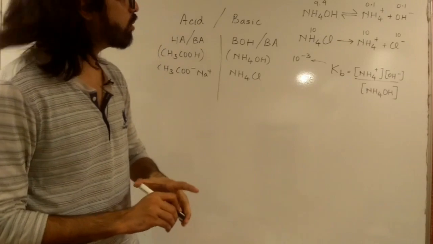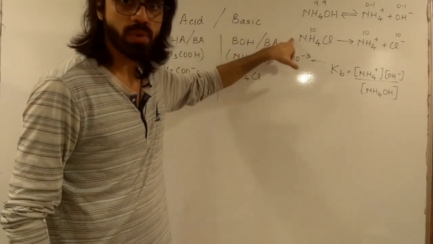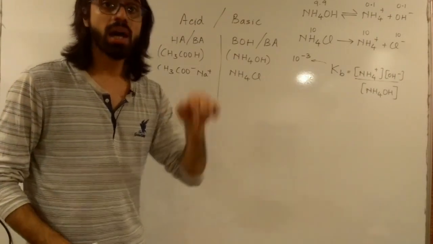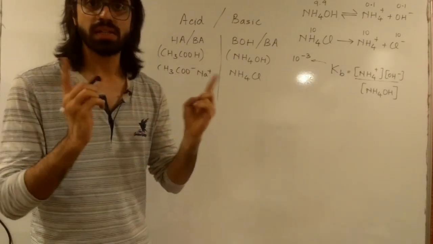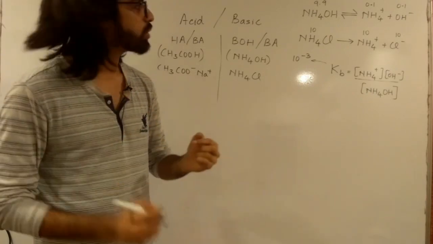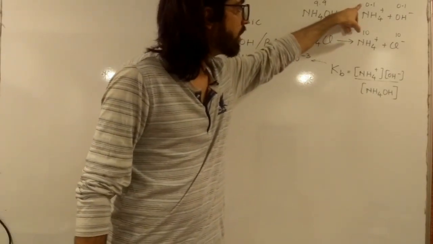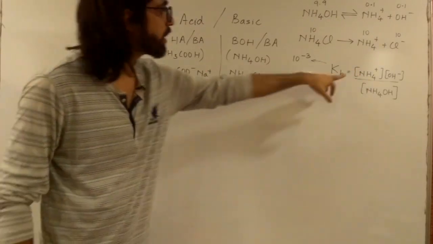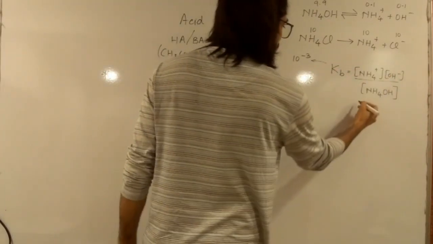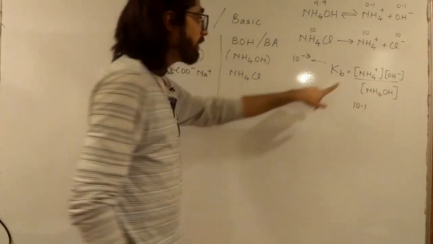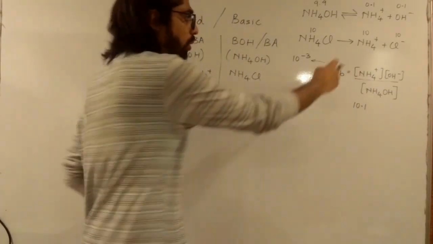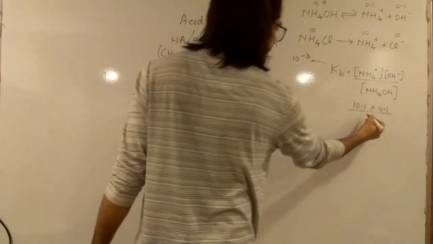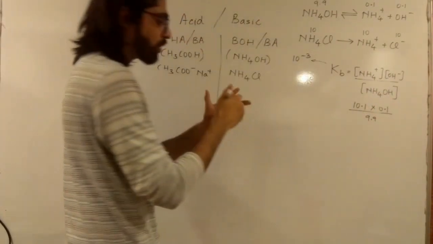NH4 plus is now present because of this as well as this equation, and in the equilibrium equations, whatever concentrations you put are the concentration of the species in the entire solution. So in the entire solution, NH4 plus was already 0.1, and you are putting 10 moles extra. So now NH4 plus becomes 10.1, but OH minus was 0.1 and NH4OH was 9.9, roughly equal to 10. Let's write it as 9.9 for now.